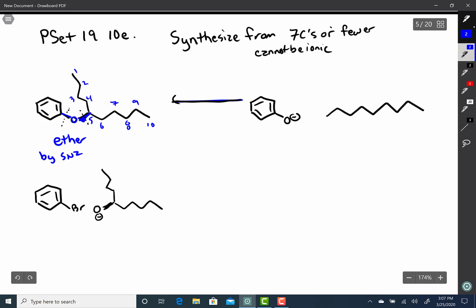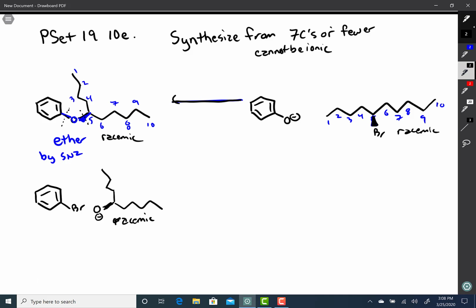You just got to figure out which carbon has a leaving group on it. It's 9 carbons. The chain needs to be 10 carbons long. We're attaching it to carbon 5. So I'll put carbon 5 here. I'm going to give it bromine. And since the product is racemic, this also has to be racemic. So does this. Okay.